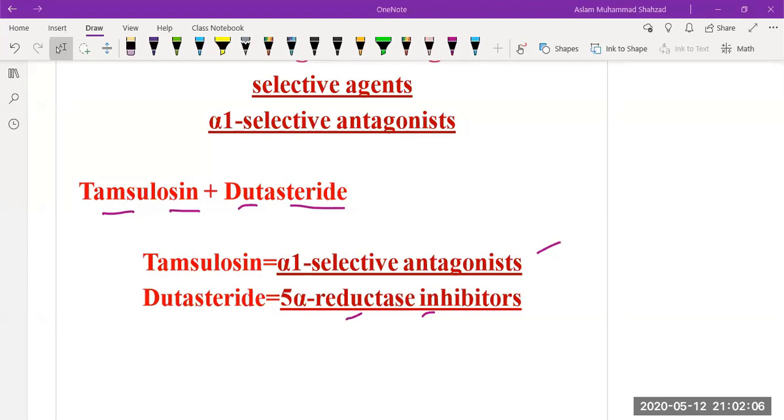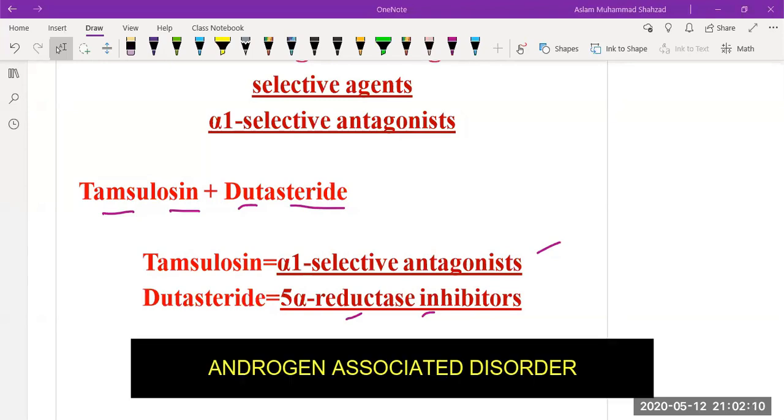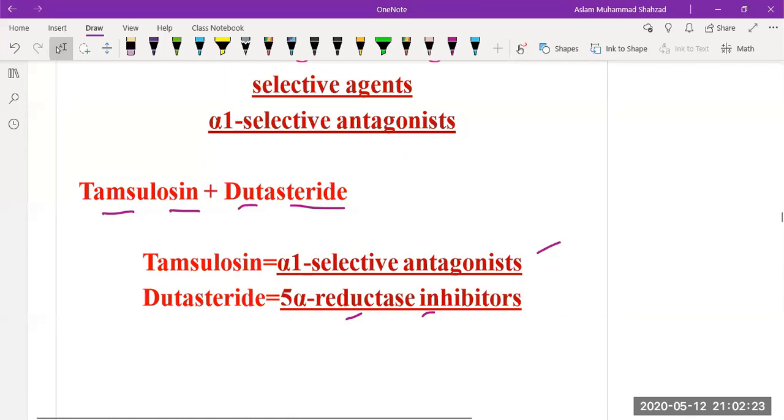And actually this class of drugs have an anti-androgenic effect, and it is used for androgen associated disorders. So we have alpha 1 selective antagonist, tamsulosin, and then we have dutasteride, which is a 5 alpha reductase inhibitor.